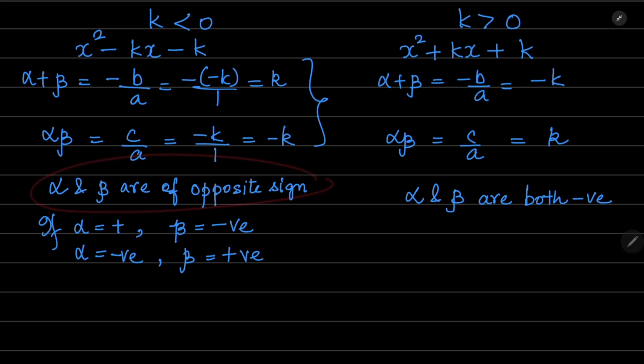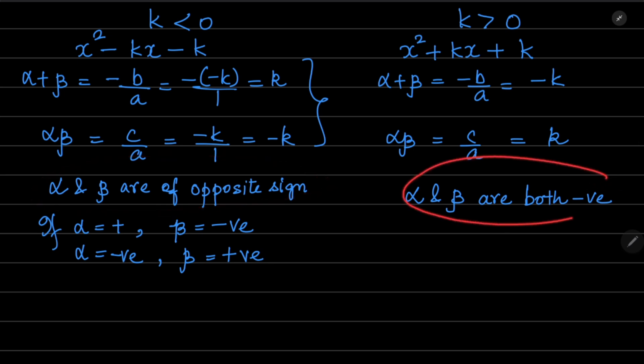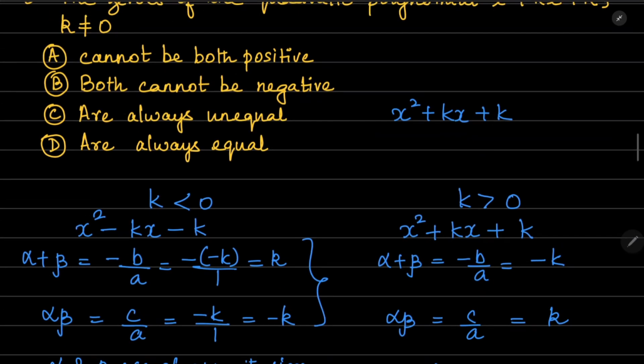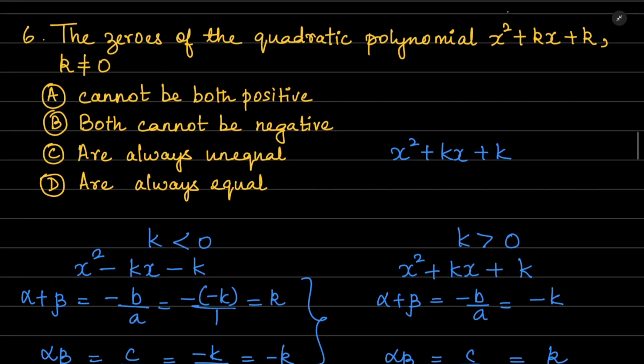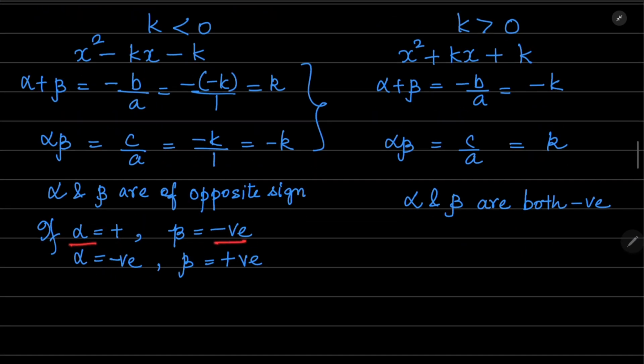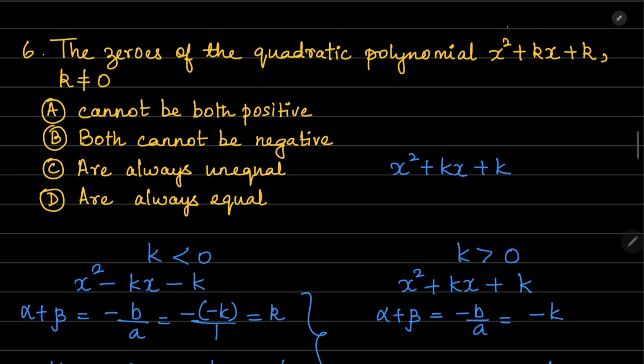Alpha and beta are of opposite sign in one scenario, and alpha and beta are both negative in the other. So which of them is the possibility? It means the zeros of the polynomial cannot be both positive. That's the correct answer. Either one will be positive and one negative in one scenario, or both will be negative. So the answer for this question is option A.